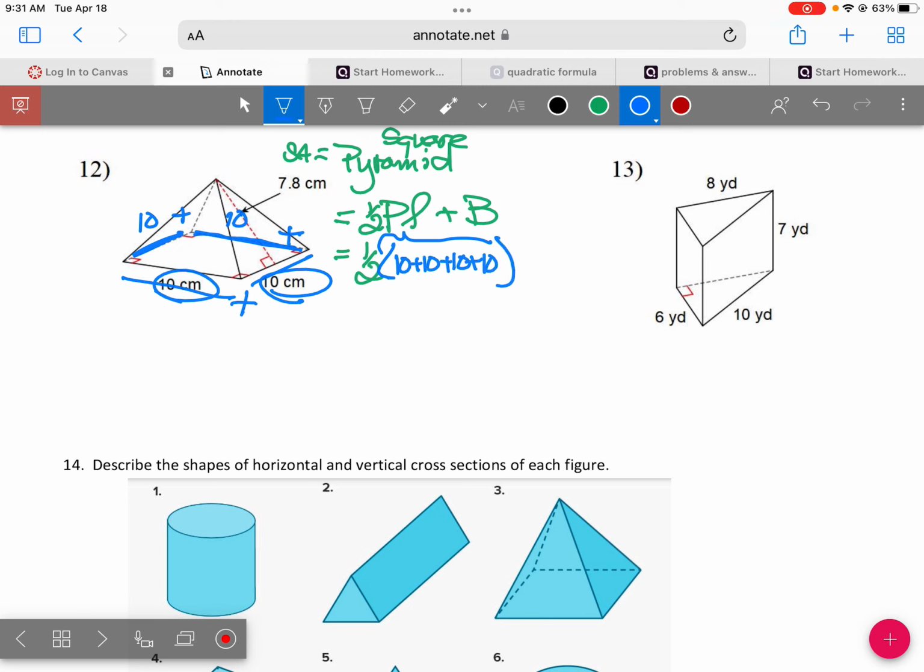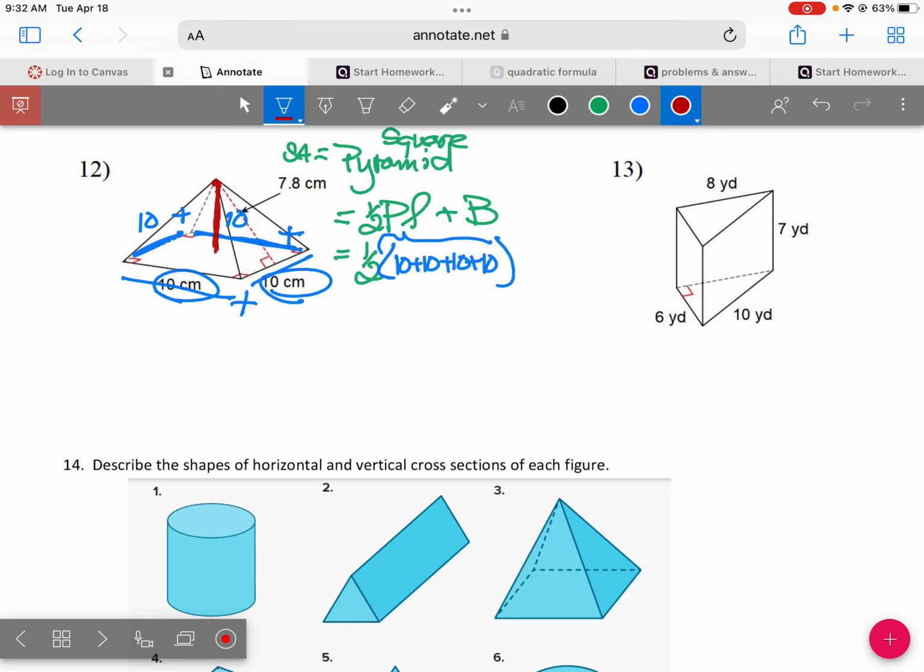Times slant height. Oh no. Do we have the slant height? Did they give us that? Yes or no? What do you think? If I'm talking about perpendicular height of the whole thing, this would be the perpendicular height.